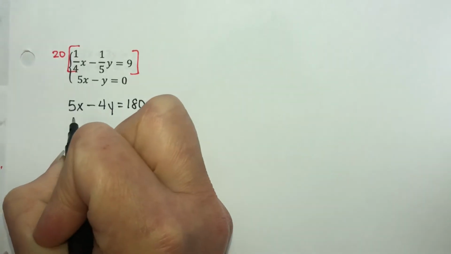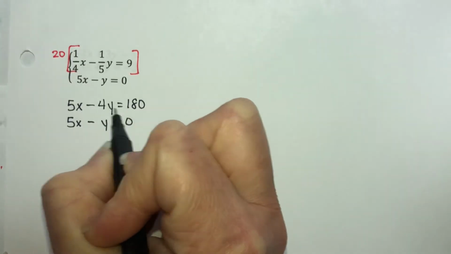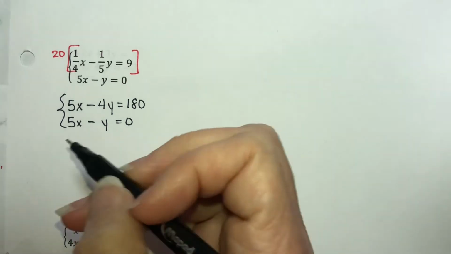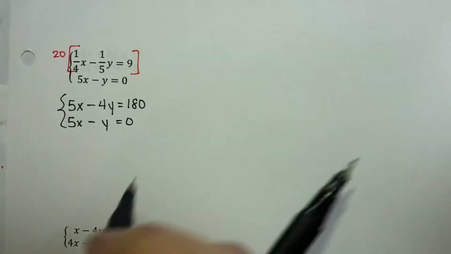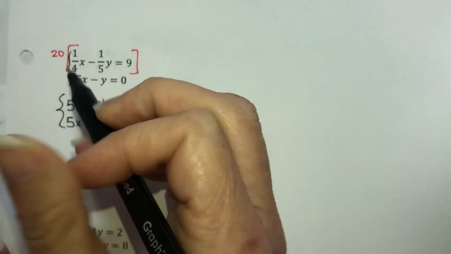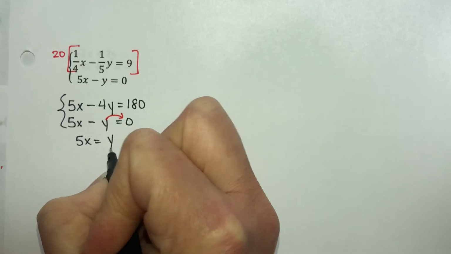Okay, I'm going to recopy my second equation down here. And I can think of this as my new system. I want to use substitution, and this one is the easiest to solve. If I bring the y over here, I get 5x is equal to y.